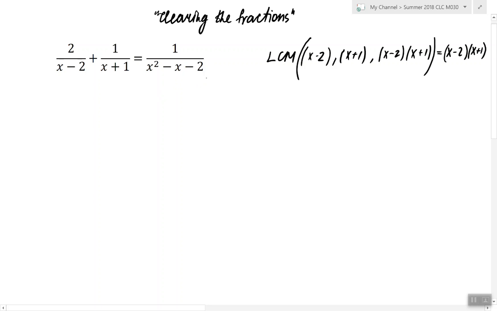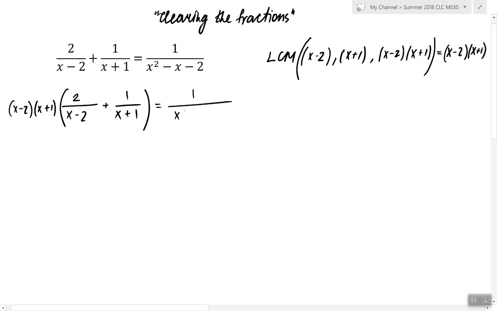So that means to clear the fractions, I'm going to take both sides of this equation and multiply it by that product that we just found. On the left side of the equation, we have to distribute this to both terms.